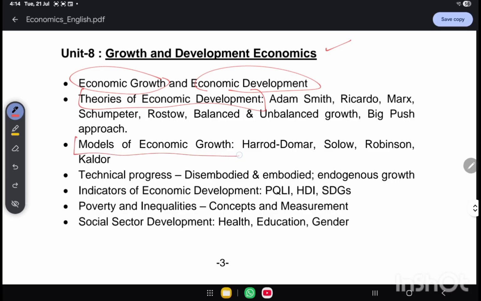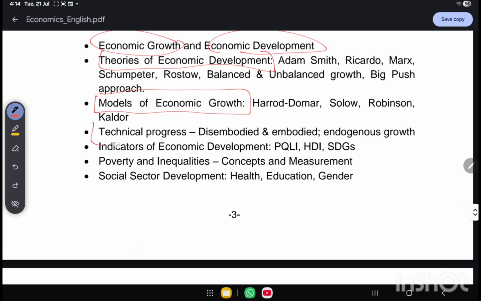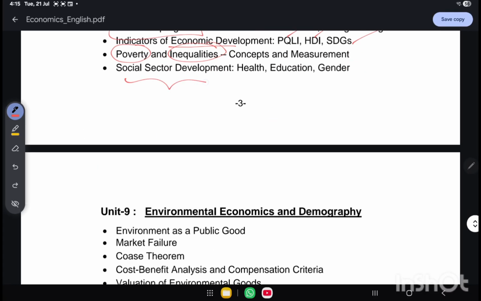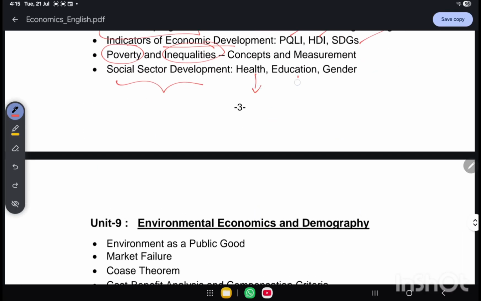And you're going to learn a few models of economic growth, and about technical progress, and what are the indicators of economic development, that is PQLI, Human Development Index, Sustainable Development Goals, related to poverty and inequality, how we are going to measure poverty, how we are going to measure inequalities, and what are the social sector developments related to health, education, gender, these things.